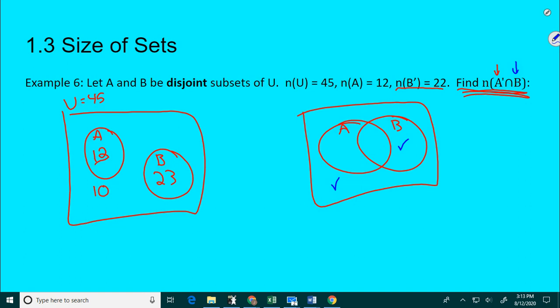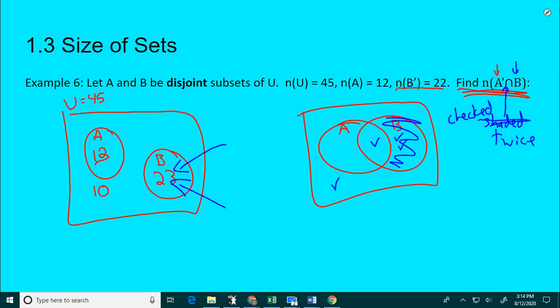Put a check mark in everywhere in B. And then if it's intersection, that means it's shaded or checked twice. Well, where's checked twice? That part that's only B. So we want only B, 23. There's our answer. Okay.